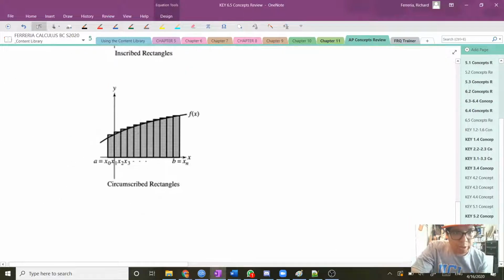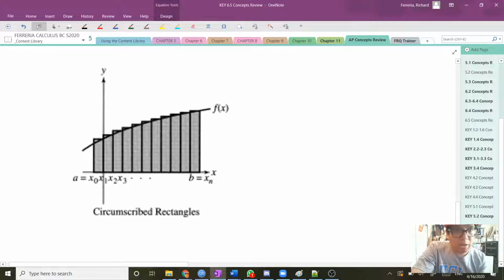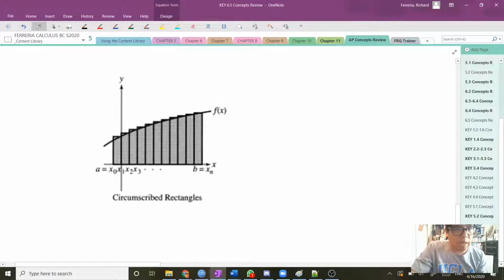Notice that for the circumscribed sum, we're not evaluating at a, we're evaluating here at a plus delta x, and then a plus 2 delta x, and then a plus 3 delta x. Remember, the far left side is a, and then the next one is a plus delta x, a plus 2 delta x, etc. Notice that on the right side, we're evaluating f of b.